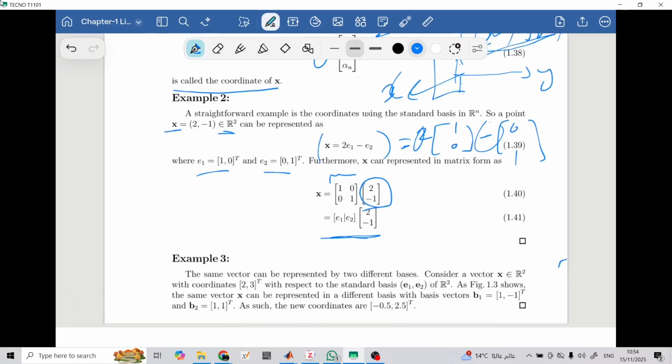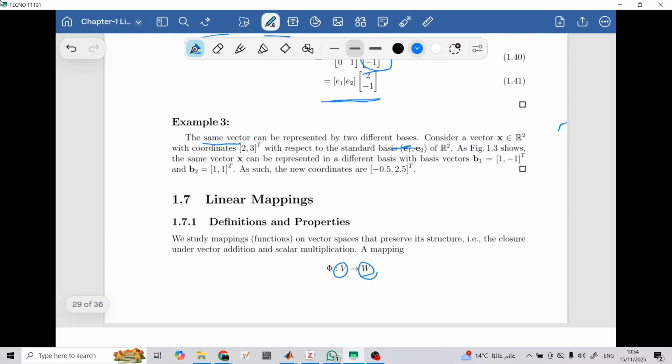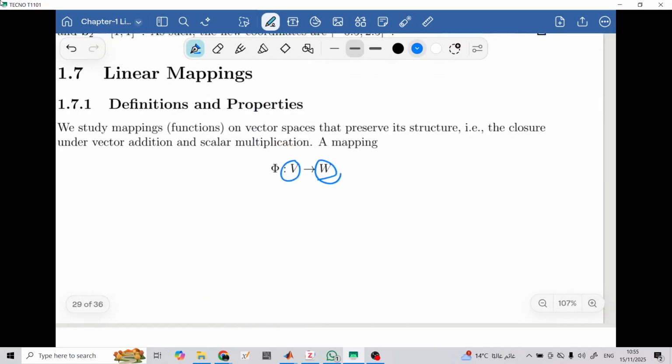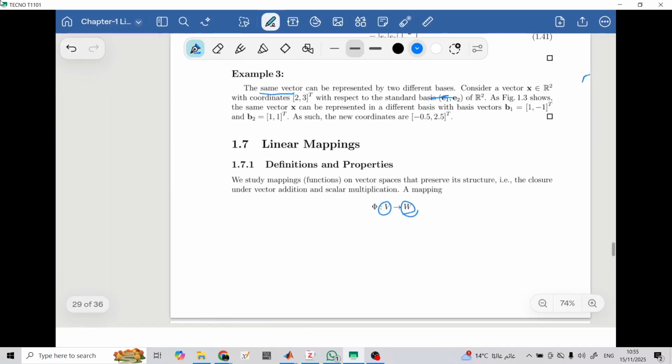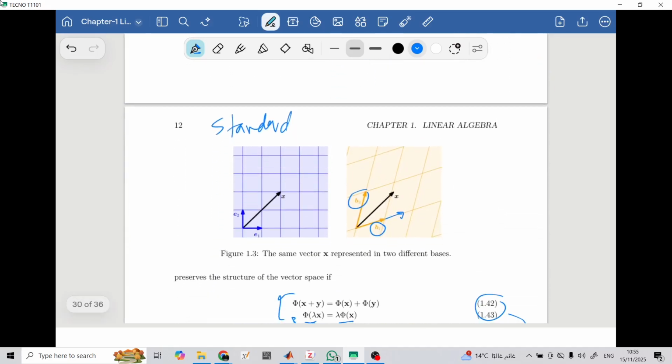Another example here: we can have the same point or the same vector represented by different bases. So we have this x in R2 that is represented by the standard vectors as this point here.